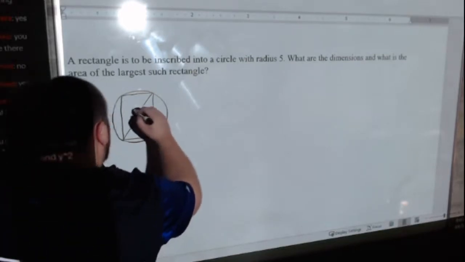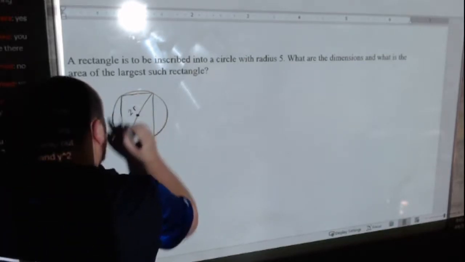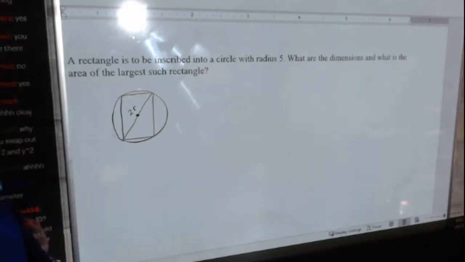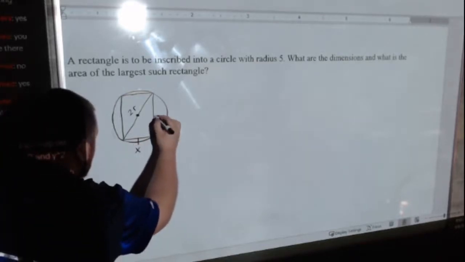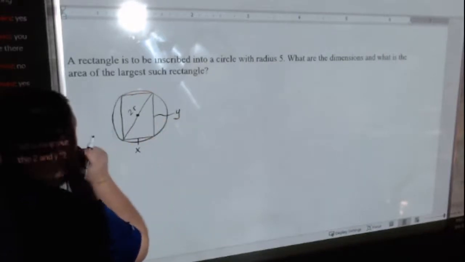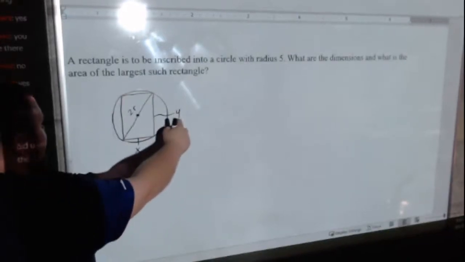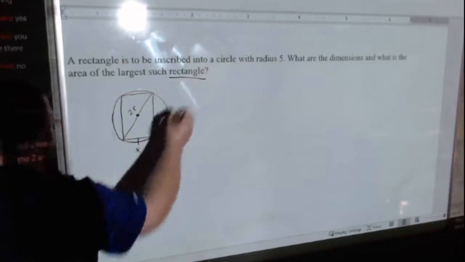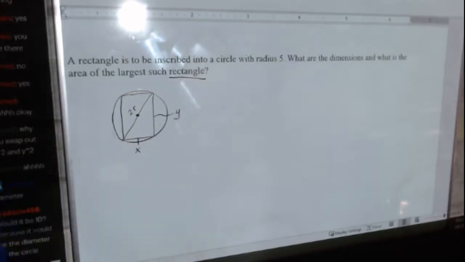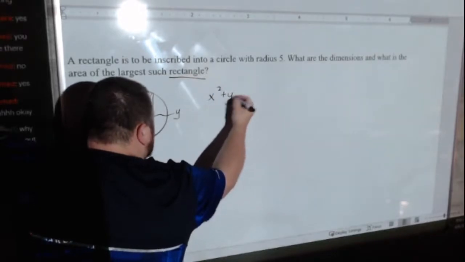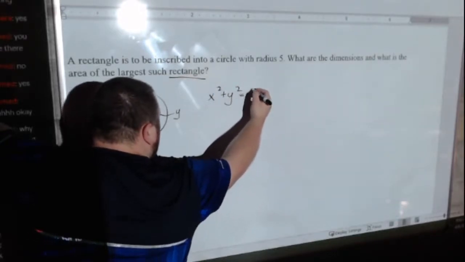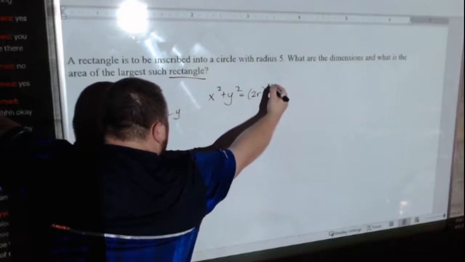So this is 2r, and then I can use the Pythagorean theorem, right? And I can call this x, and I can call this y, and that'll then help me find the dimensions of my rectangle. So x squared plus y squared has to equal (2r) squared.